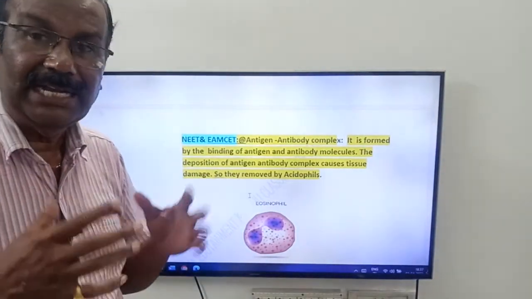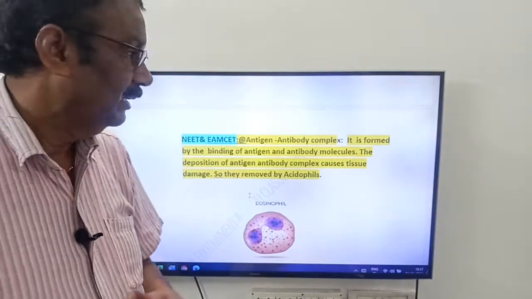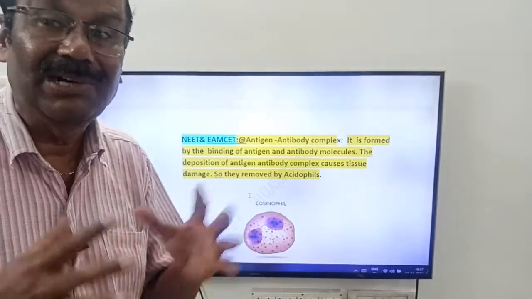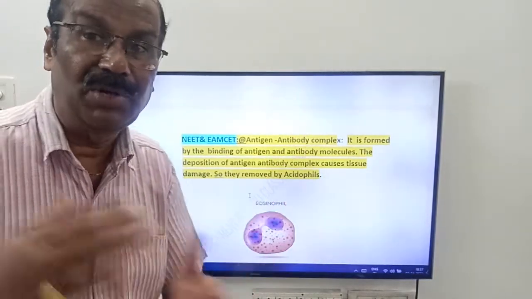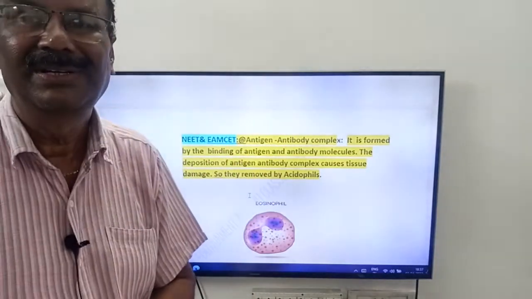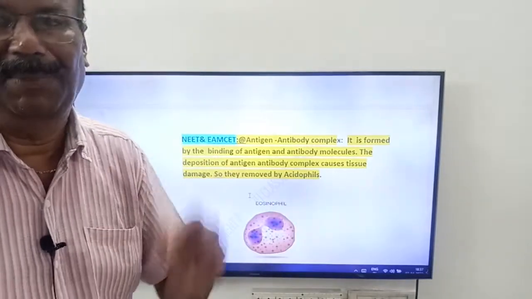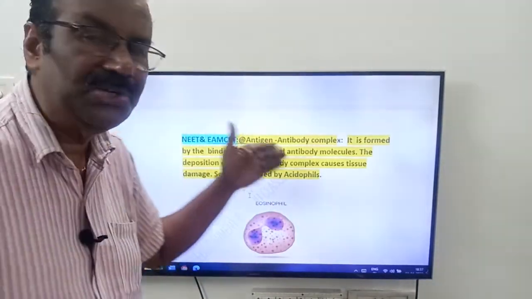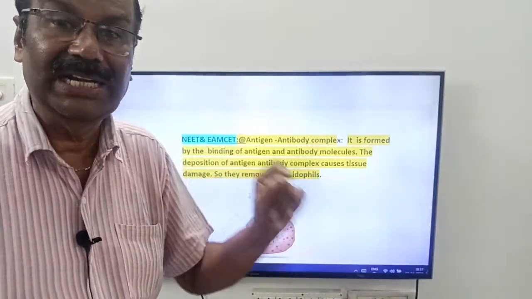If this complex is deposited in our body, it causes tissue damage, friends. So we have to remove it. So these eosinophils remove those antigen-antibody complexes. Friends, please don't write this elaboration in your IPE. This is for NEET and EAMCET.